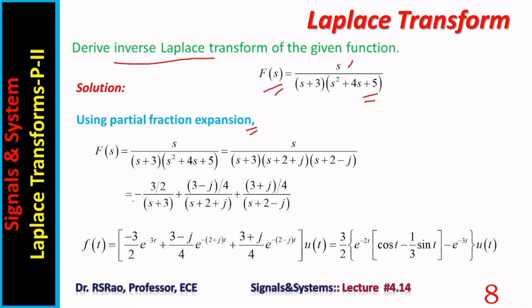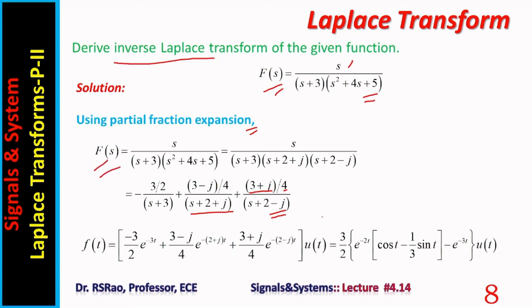They turn out to be -3/2 by (s + 3) plus (3 - j)/4 by (s + 2 + j) plus (3 + j)/4 divided by (s + 2 - j).